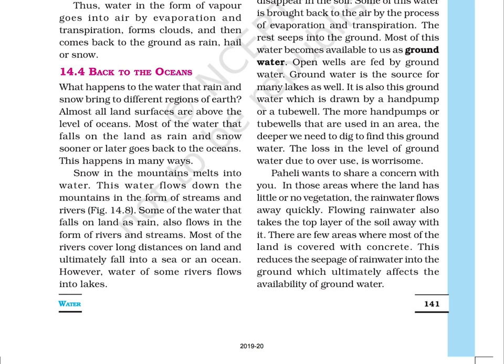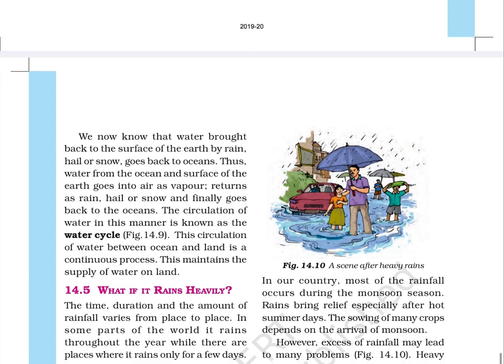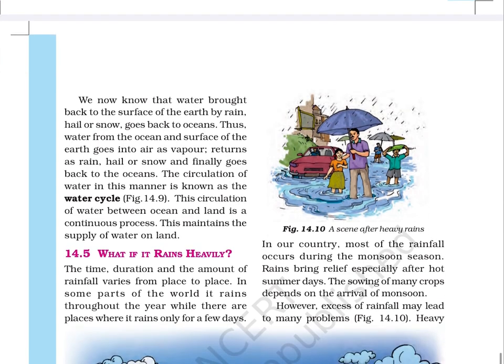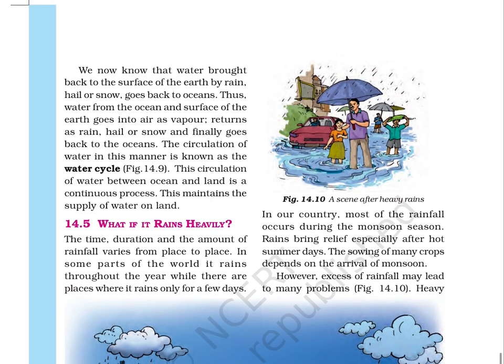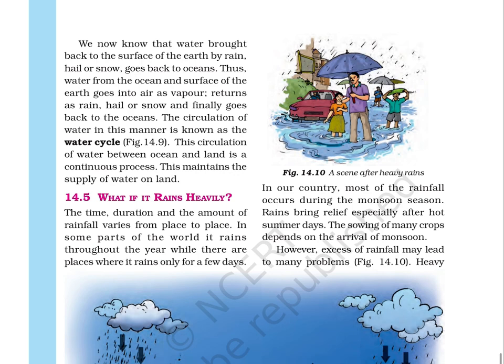Figure 14.8 shows rainwater flows down in the form of streams and rivers. Page 142. We now know that water brought back to the surface of the earth by rain, hail or snow goes back to oceans.